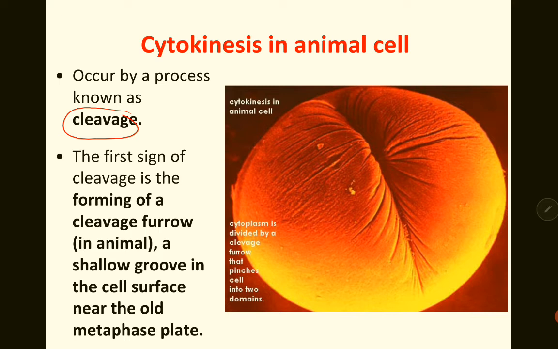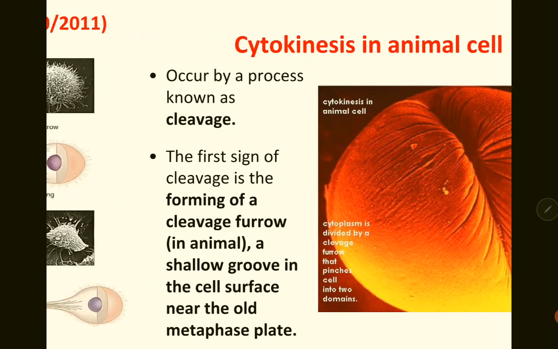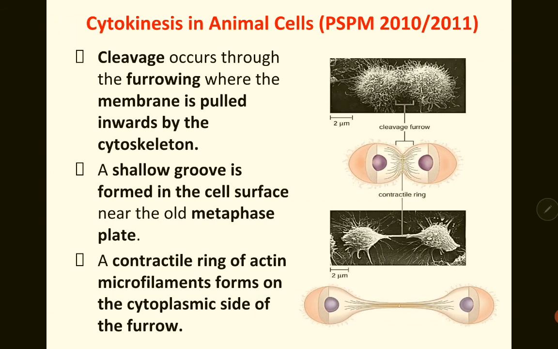For the cleavage process, the first sign is the formation of a cleavage furrow. A furrow is like a gap between two areas, a shallow groove in the cell surface near the old metaphase plate. The cleavage will occur through furrowing, where the membrane is pulled inward by the cytoskeleton.